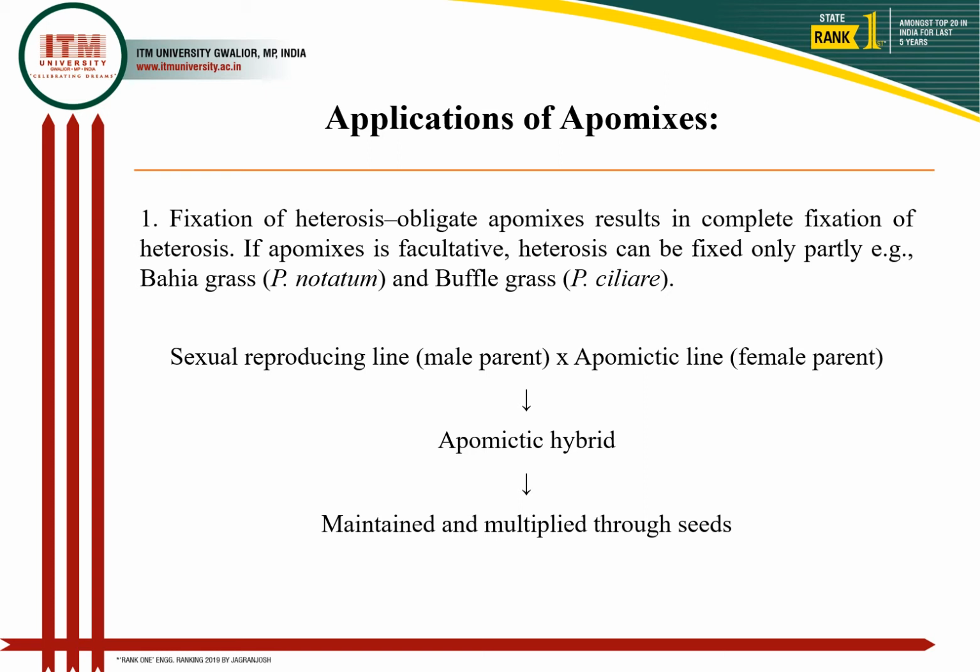You will get an apomictic hybrid, and it can be easily maintained and multiplied through seeds. That advantage is not possible if you use a sexually reproducing line as the female parent. So it is very good to utilize the apomictic line as the female parent to fix this in the population.